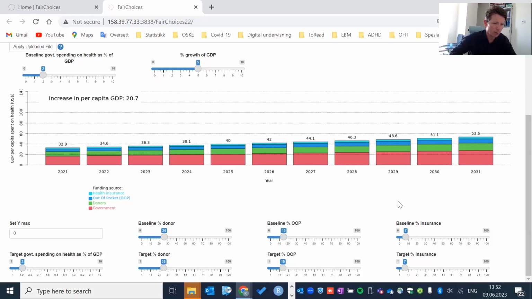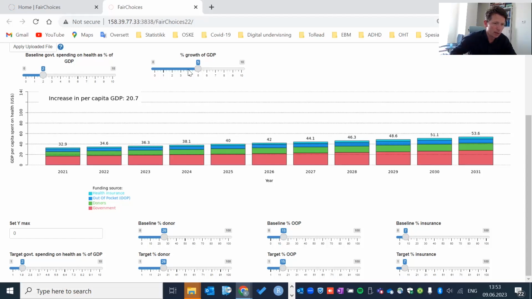This is Ethiopia, and you can adjust the variables, and it's important when you adjust variables, you do this in a very good dialogue with the Minister of Finance and the Minister of Health, and involve experts that know what to use as input.